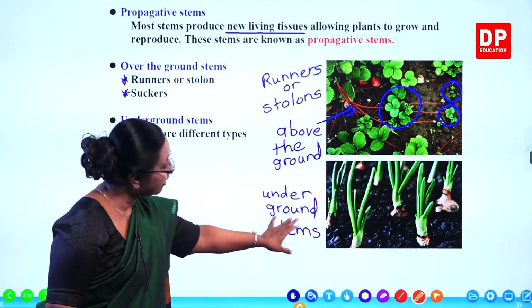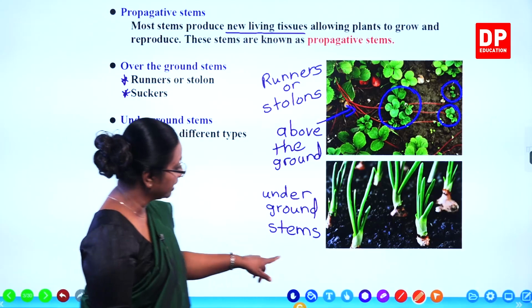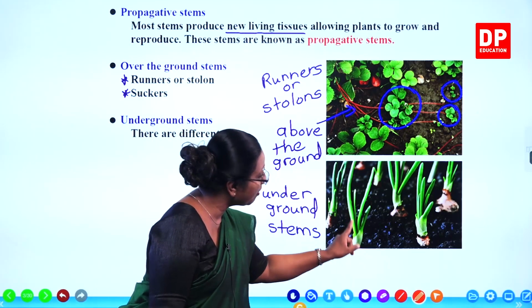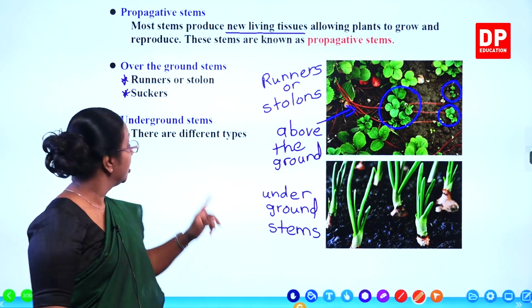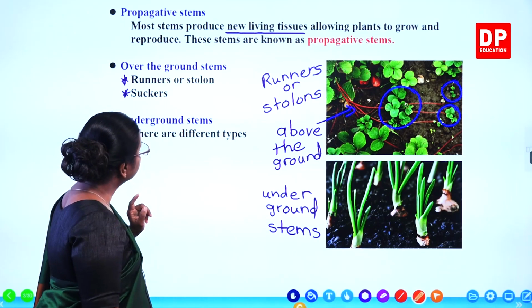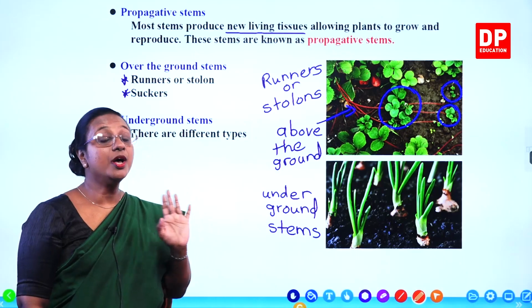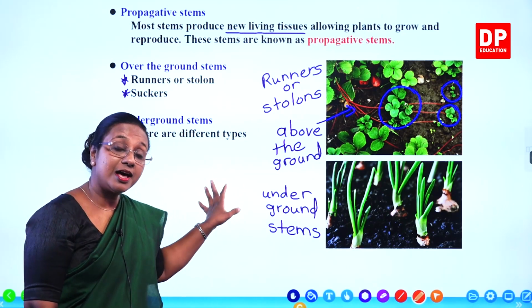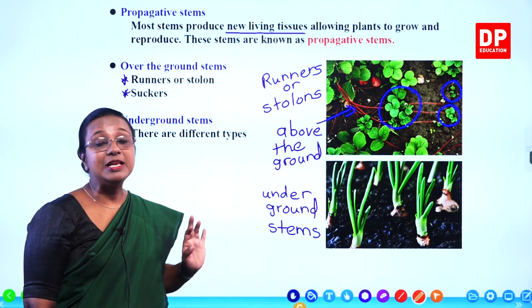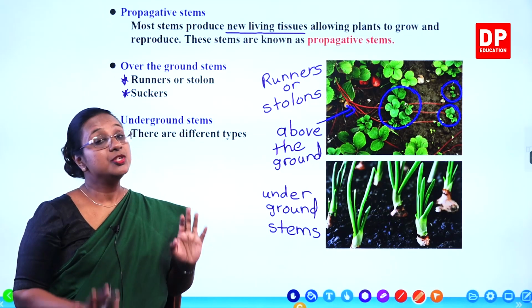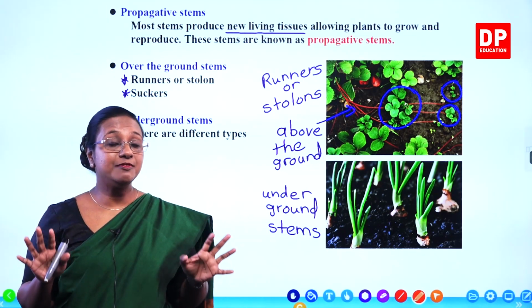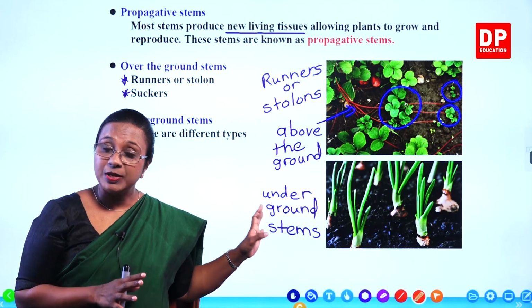Then again we have this underground stem. You can see the plant growing from the underground stems. So, those are underground stems that can produce new plants. Those are also propagative stems. But there are different types. We will be discussing some of those. So, now can you all understand the difference, students? Now, this is a special function.